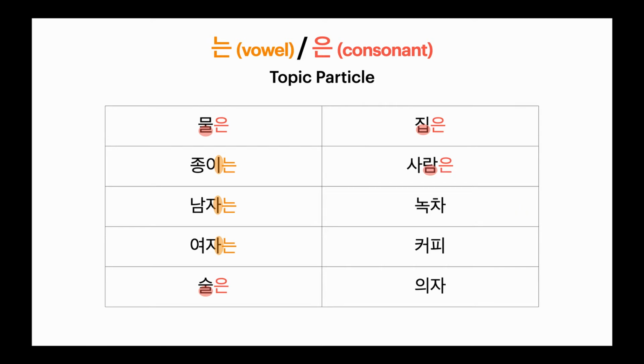Anyway, 녹차, is it 녹차는 or 녹차은? 녹차는. How about 커피, coffee? 커피는. 의자, chair, 의자는.